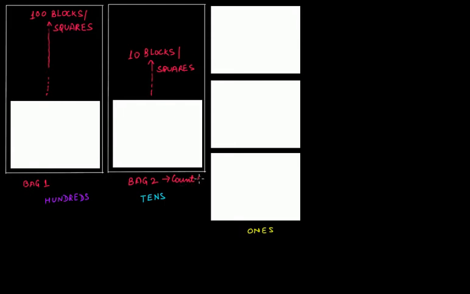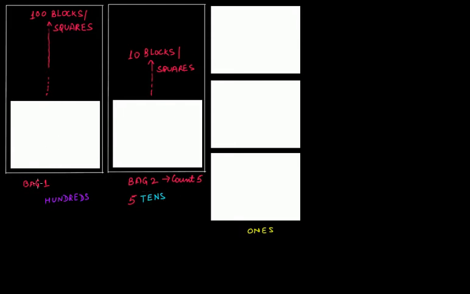If you have 5 such bags and each bag is representing tens, that is a combination of 10 squares, then how many total squares will there be? 5 tens. Each bag is representing tens, so total 5 tens.